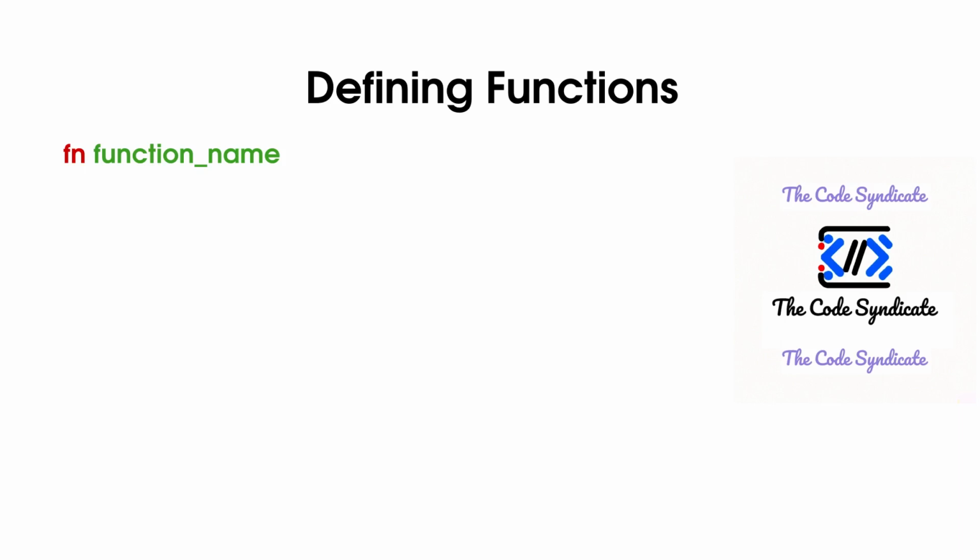That means you cannot use capital letters and special characters except underscore, and make sure not to start the name with numbers. fn followed by the function name and parentheses, and finally opening and closing curly braces.